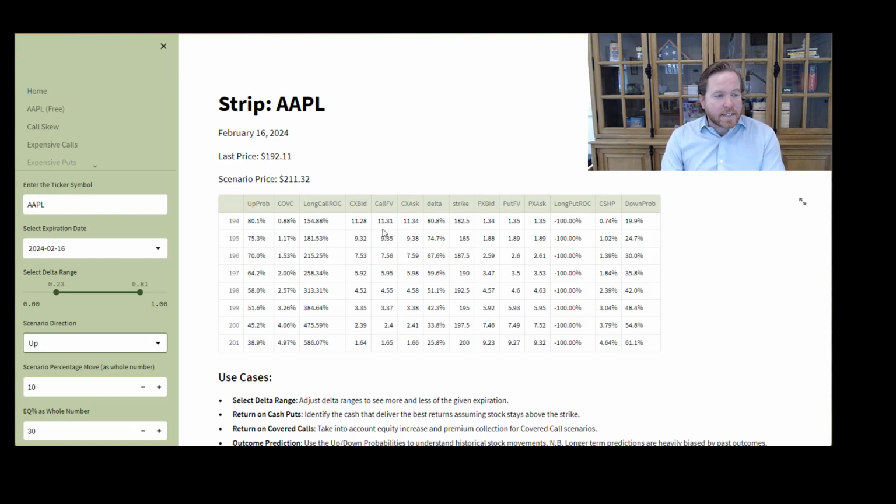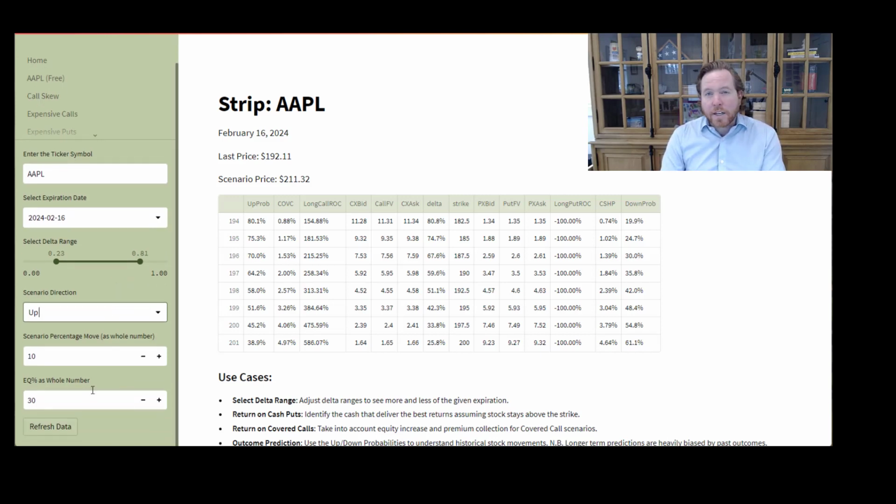And what these indicative levels, on a strike by strike basis, will tell you is where you can expect to get executed inside the market. The baseline EQ we have defaulted here is 30%. Depending on the liquidity of the issue, roughly on average, market makers, I find, tend to deliver in that 30 to 50% EQ range.